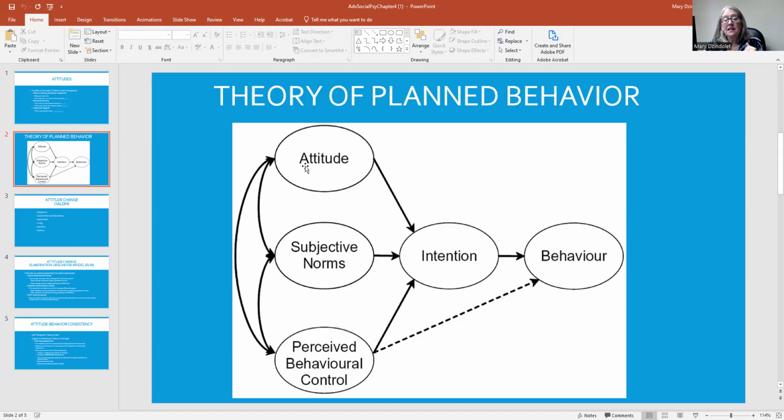One thing that leads to the intention is your attitude, your feelings, and your thoughts about the topic. So I could give you a lot of statistics and really good information about condoms that might change your attitude toward condoms, so now you're more positive toward wearing them.